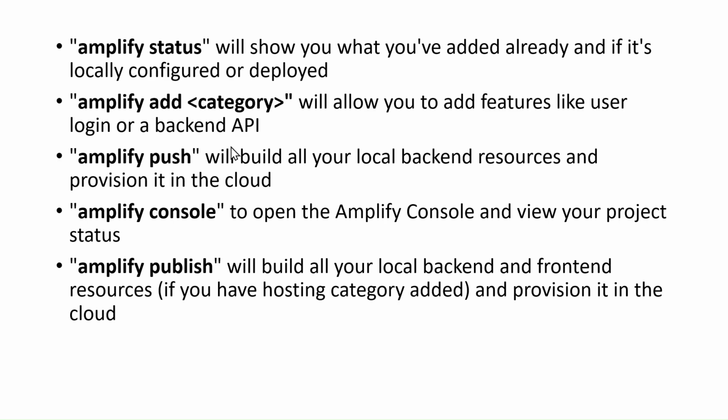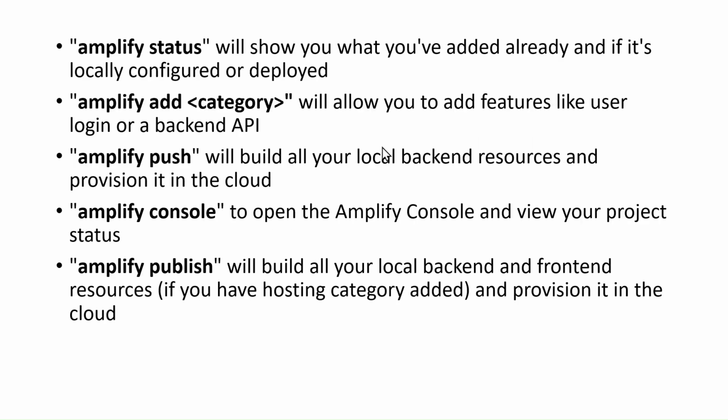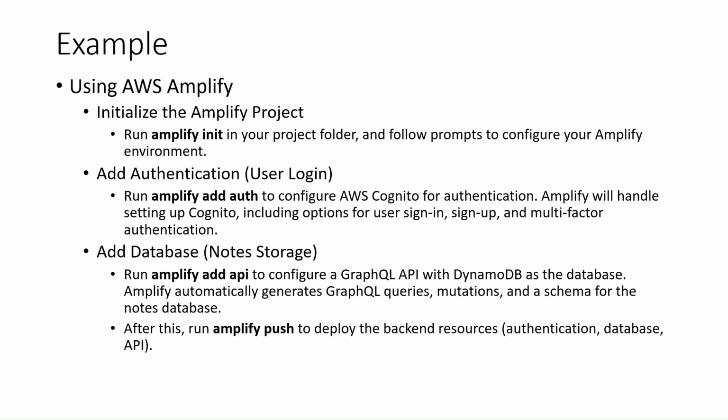So amplify add is nothing but adding the auth, API, and the storage, and the push we have seen, right? And amplify console opens the Amplify console to view the project status. So publish is going to deploy the thing. Okay. So we'll understand some examples too.